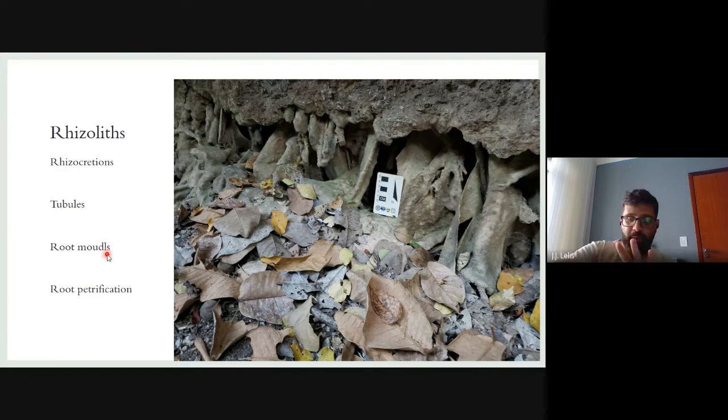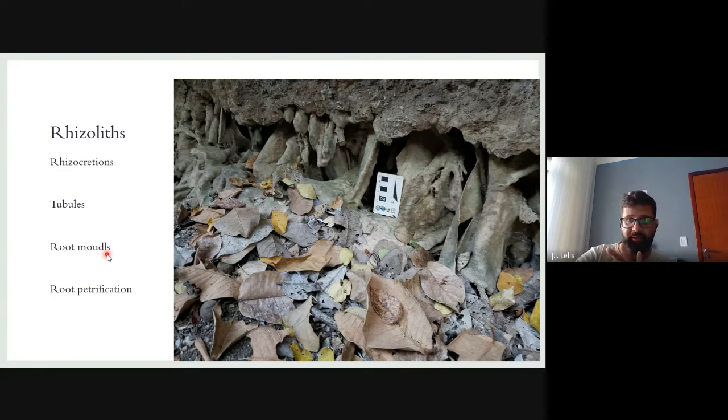And so we get an area very close to the roots that presents a dark color and a very acid pH. If we have a climate change, like this soil changing from a wet condition to a dry condition, you reduce the water content in this soil.